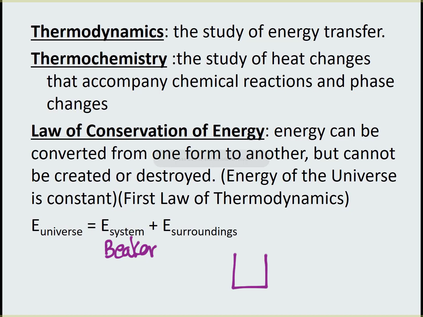I know it seems a little bit far-fetched to look at a beaker and think about the universe, but that is how we describe surroundings, because where do your surroundings stop? So the chemical reaction that occurs in my beaker can either absorb heat, have heat flow into it, or it can have heat go out of it. When it has heat leaving the chemical reaction, recall this is called exothermic.